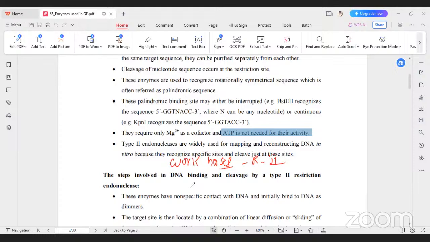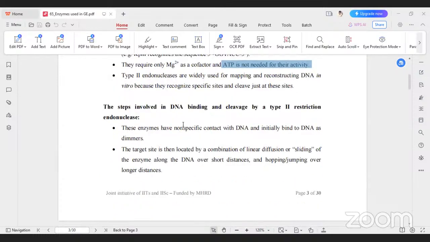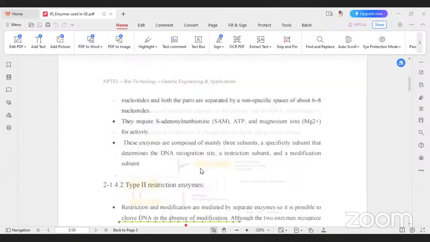The steps involved in DNA binding and cleavage by type 2 restriction endonucleases. First of all, these enzymes make non-specific contact with the DNA, initially binding to DNA as a dimer. The target site is then located by linear diffusion, sliding of the enzyme along the DNA over a short distance. Here, let's see.